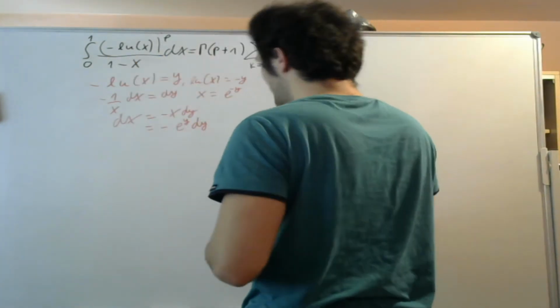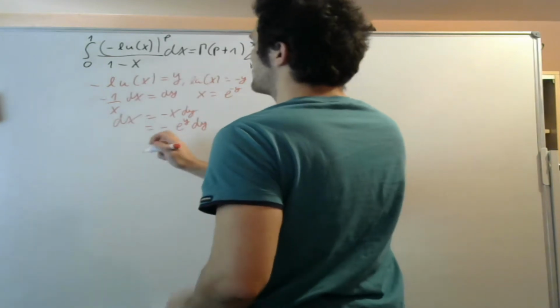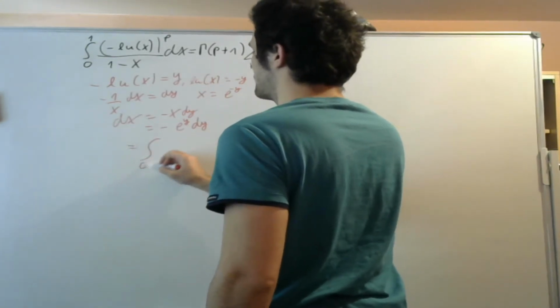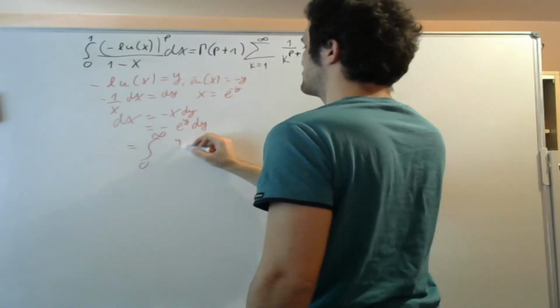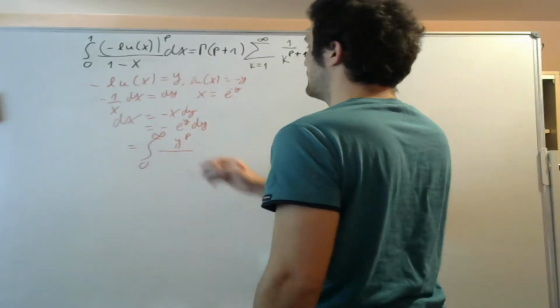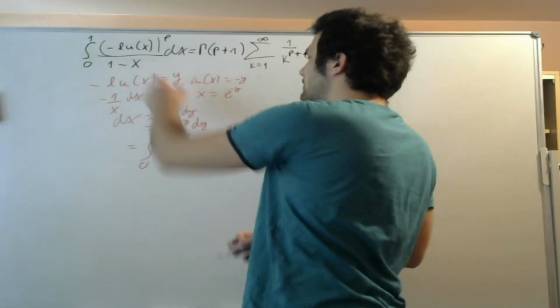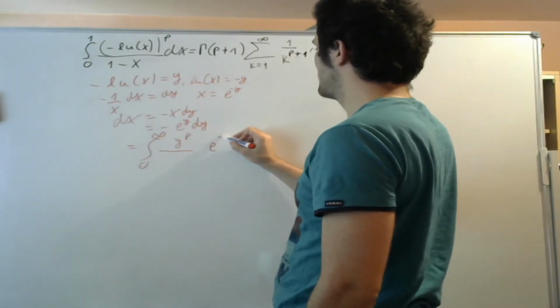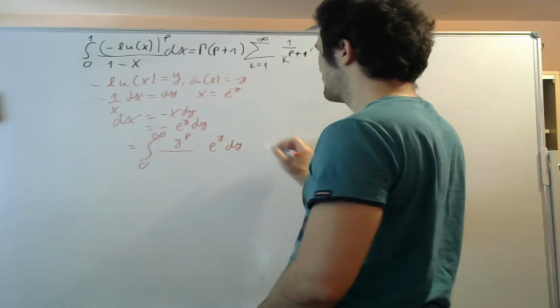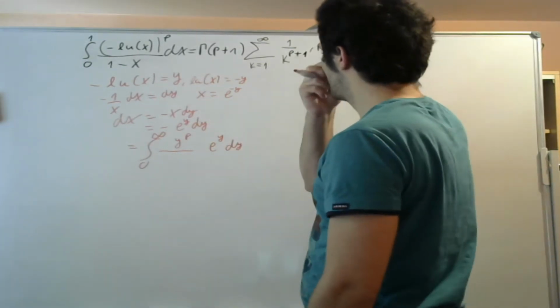So let's continue here. We will have an integral from 0 to infinity of u to the p over 1 minus e to the negative u du. Wait, am I correct?